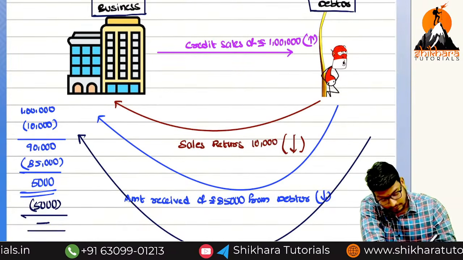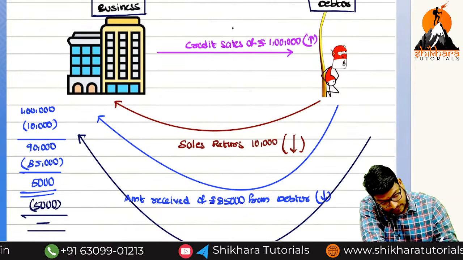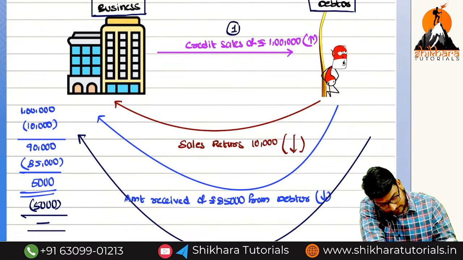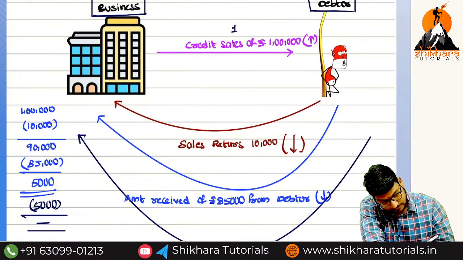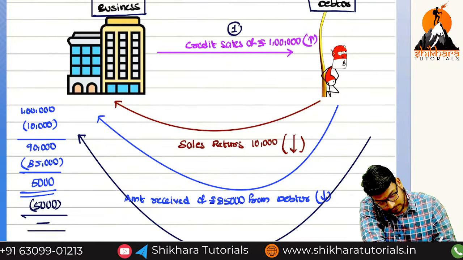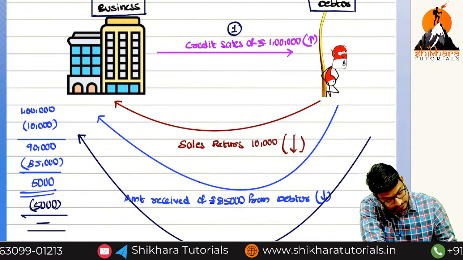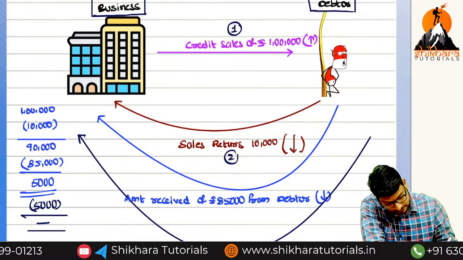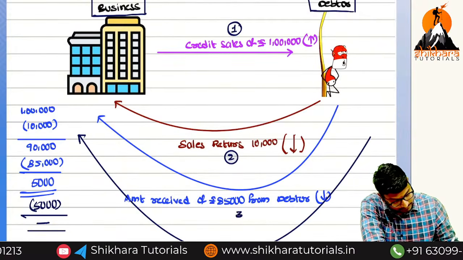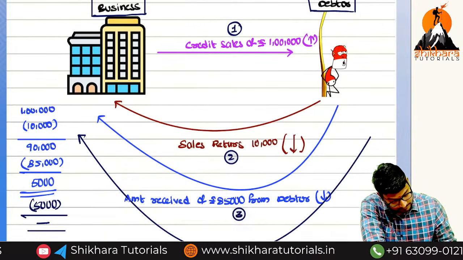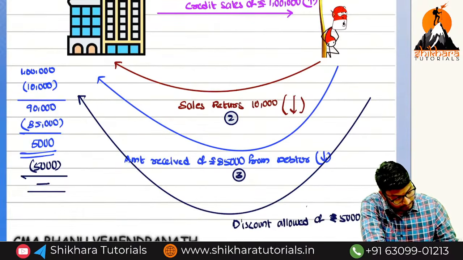So now this is the first transaction. The debtor account. This is the second one. This is the third one. And this is the fourth one.